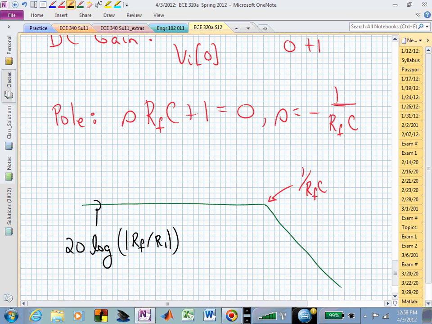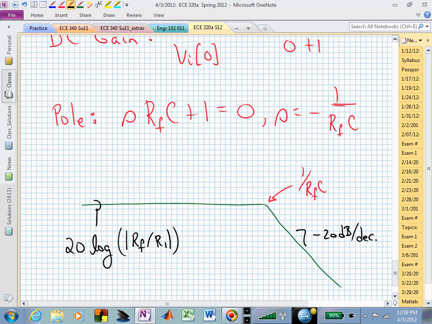And since it's first order, we will simply be going down at 20 dB per decade, so the slope will be minus 20 dB per decade. What's a decade? A factor of 10. If you wanted to know how fast it's falling over a shorter distance of frequencies, you might talk about octaves. An octave is a factor of 2. A decade is a factor of 10, and an octave is a factor of 2.